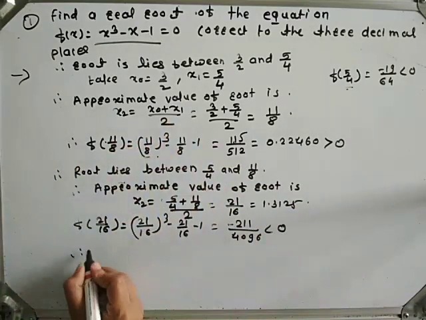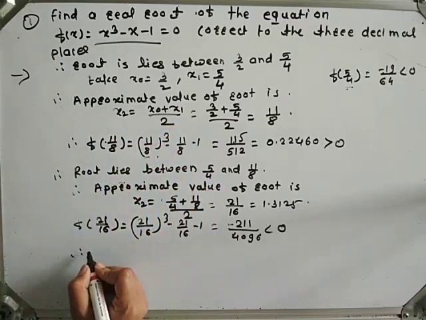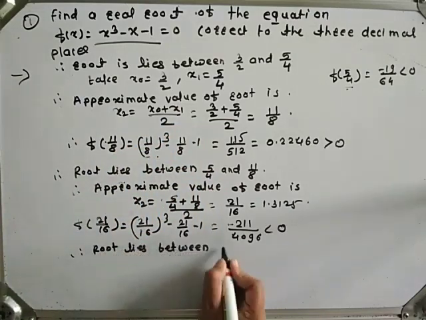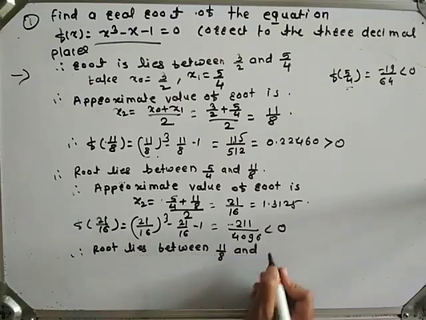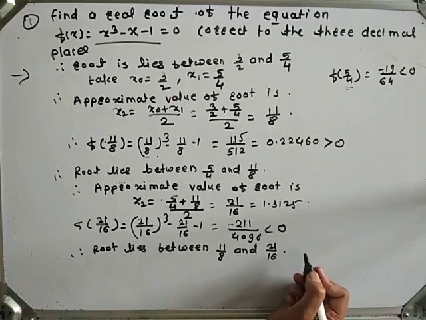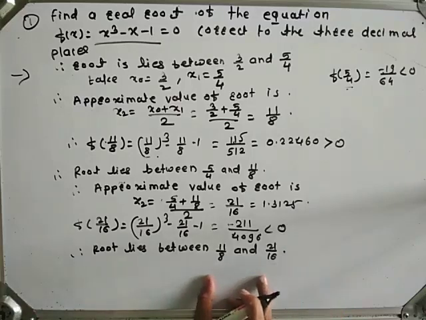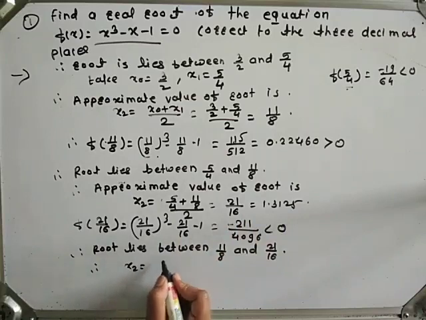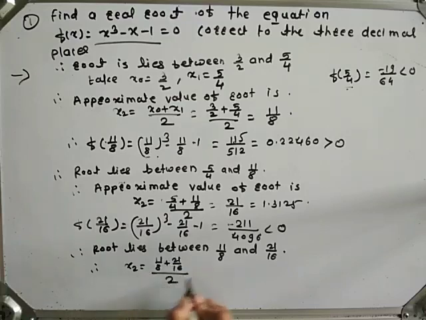Therefore the root lies between 11/8 and 21/16. Therefore the approximate value of the root is x2, which is equal to (11/8 plus 21/16) upon 2.